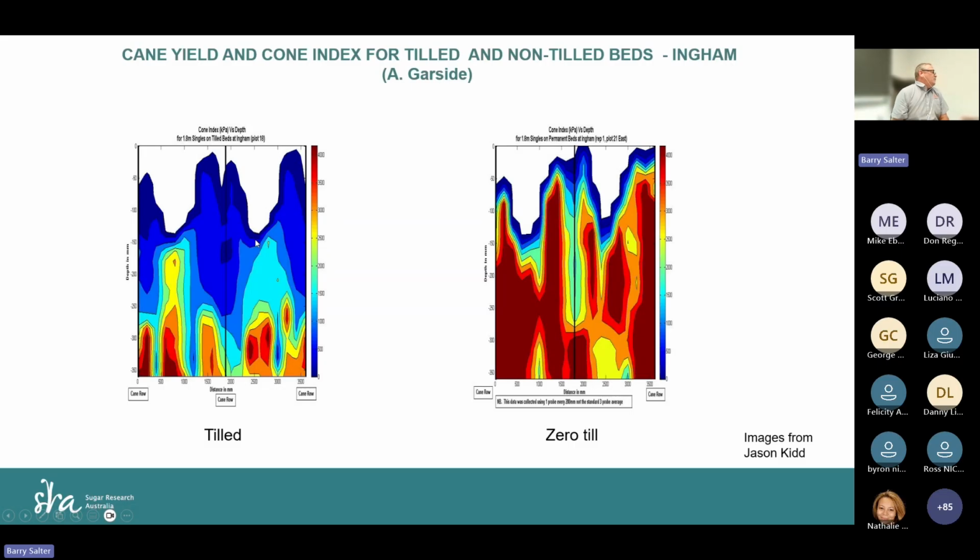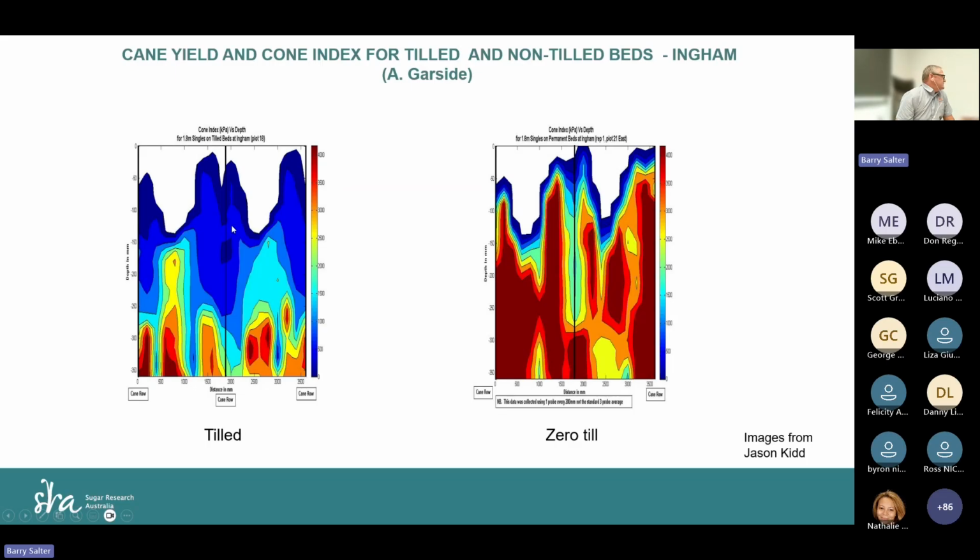Where we performed that tillage, you can see that within the bed the soil wasn't really compacted at all. That blue colour is low compaction, and where the colours start to go from green through to yellow to red, that's around 2,000 kilopascals, roughly the pressure where roots won't be able to push through or explore that soil.